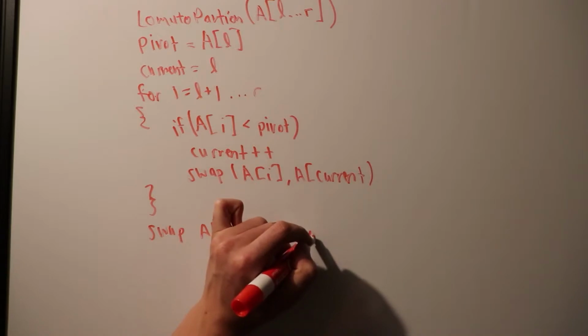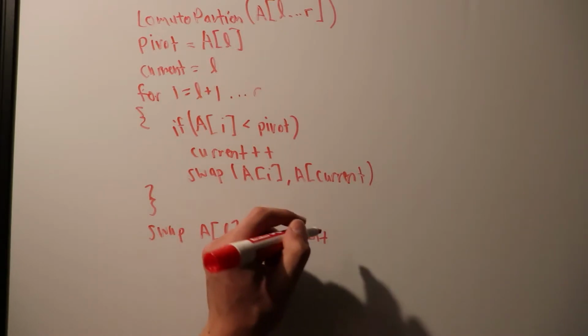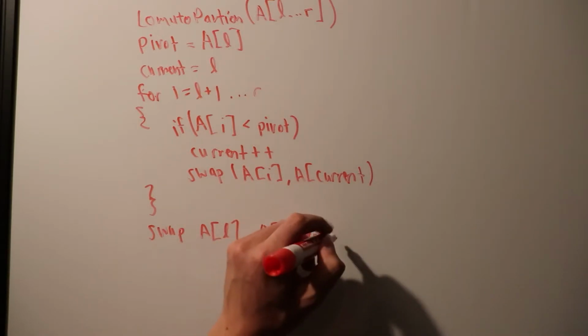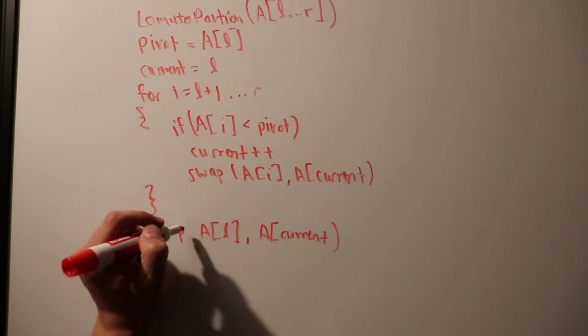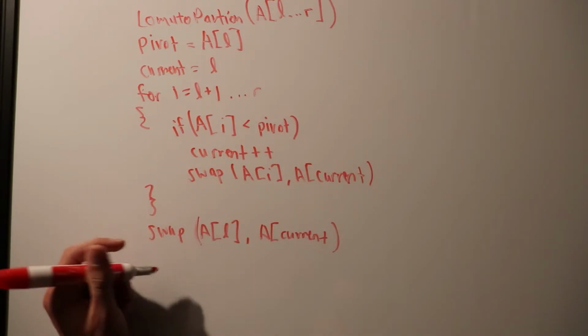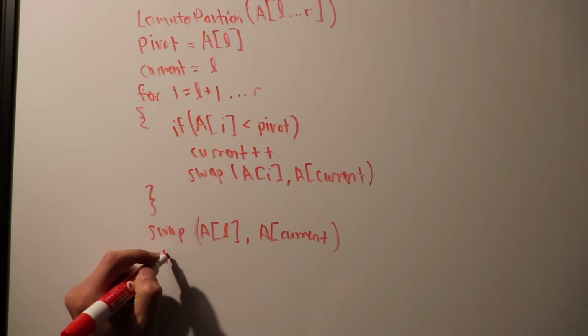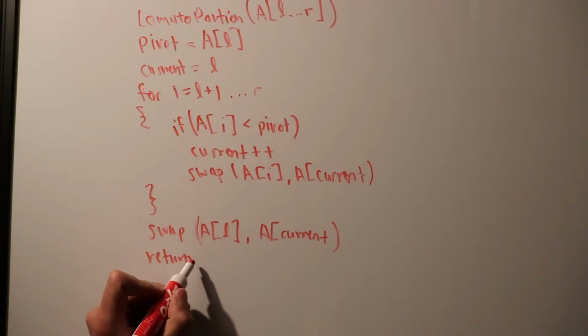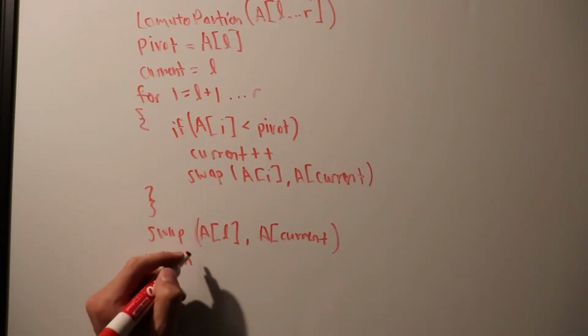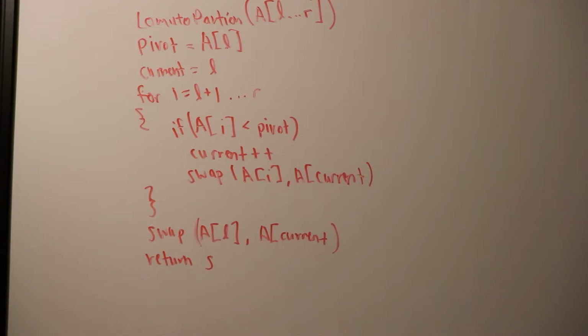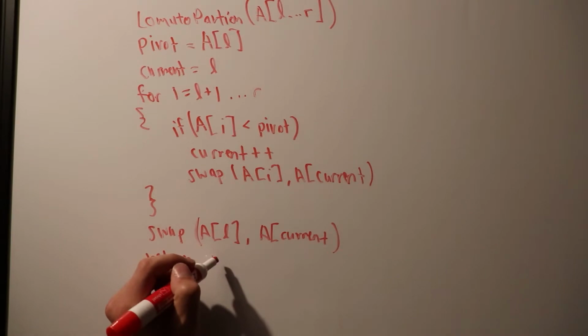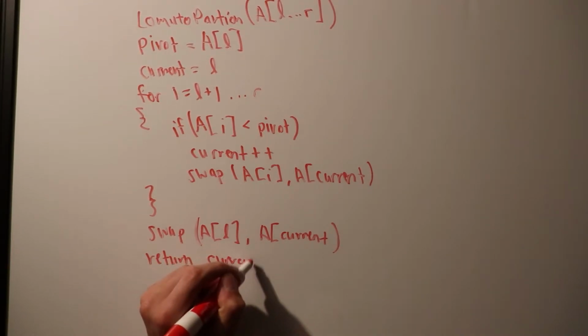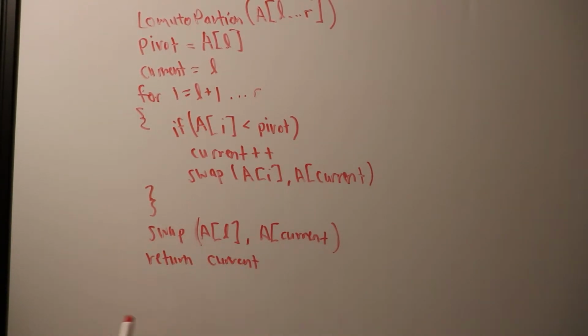This final swap will put the pivot where it needs to be, and you'll see that in a minute. And then, if we were actually doing this, we would return current at this time. So this is the Lomuto partitioning.